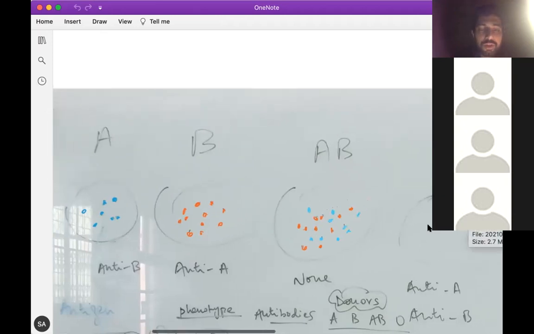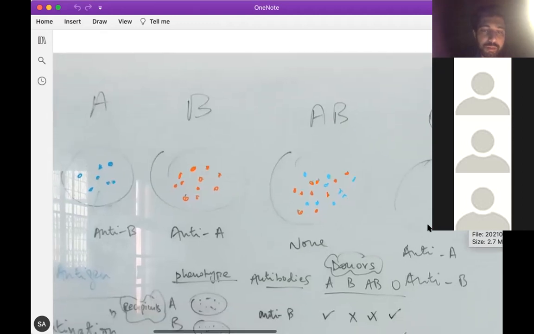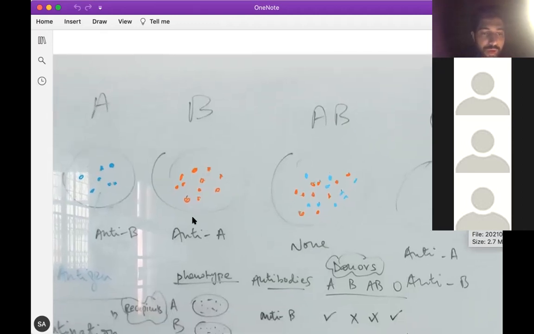These antigens are part of your red blood cell, on the surface of it, and they are basically differentiating between different blood group types as well.